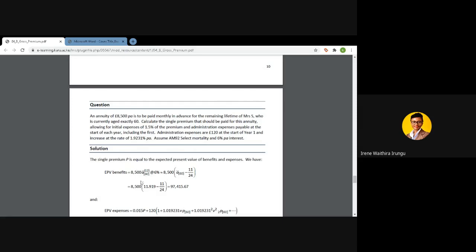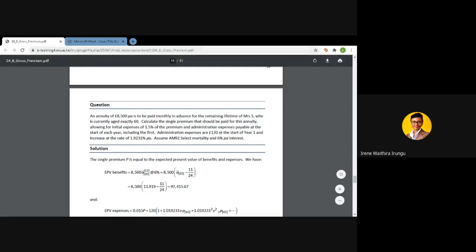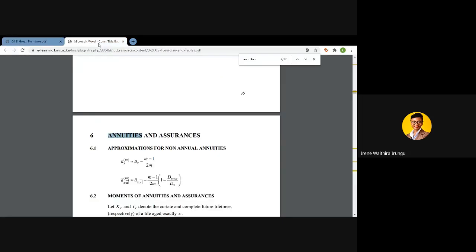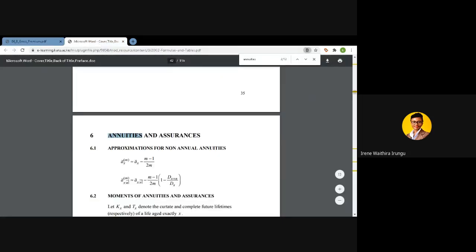We are computing this at 6%, so that one is direct. That is the EPV of our benefit. You take care of the fact that it is being paid monthly and the aspect of select mortality. This approximation is available in your tables.